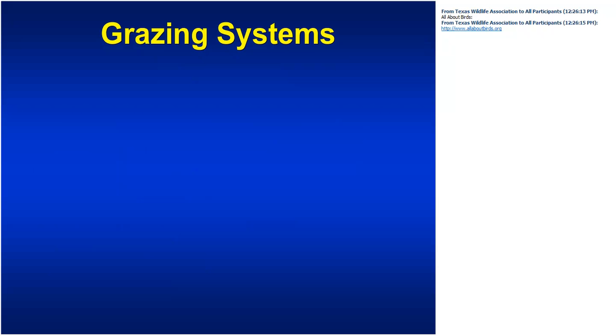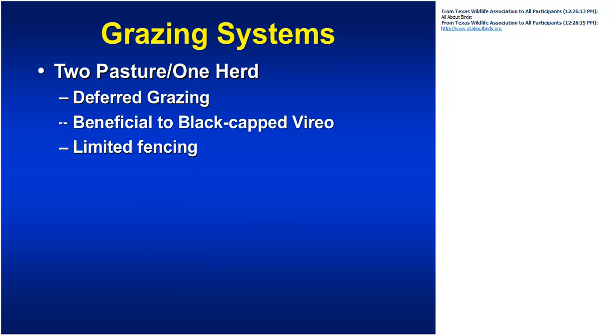Grazing systems, and I'm just going to talk about a couple. There's a lot of different grazing systems out there, and as an example, one that can be applied on smaller acreage might be as simple as a 2-pasture, 1-herd, where basically you have the animals and 2 pastures and you move them back and forth between those 2 pastures.